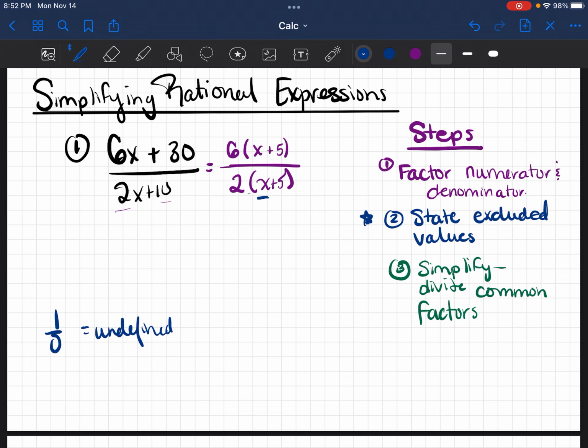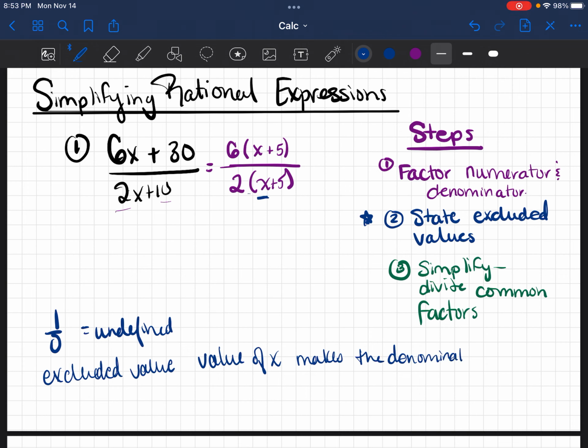So when we're trying to find excluded values, that's going to be whatever value of x makes our denominator equal to 0. And when we find that excluded value, it just means that it is not part of our solution.